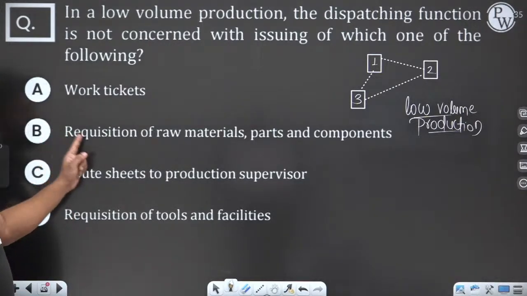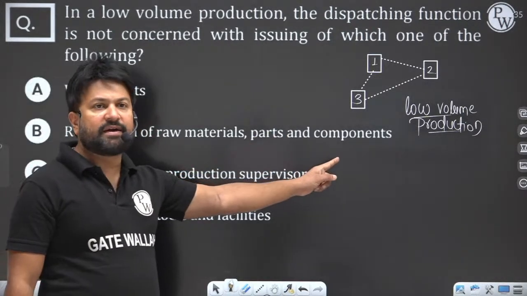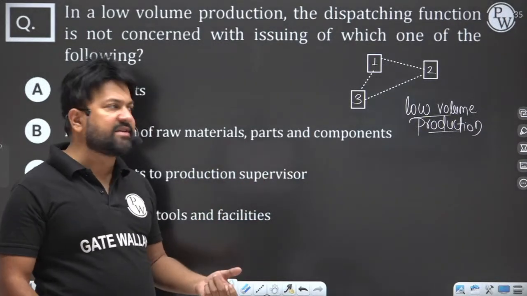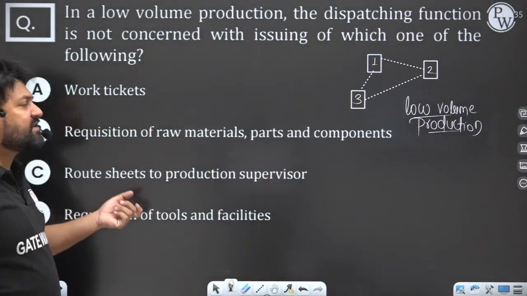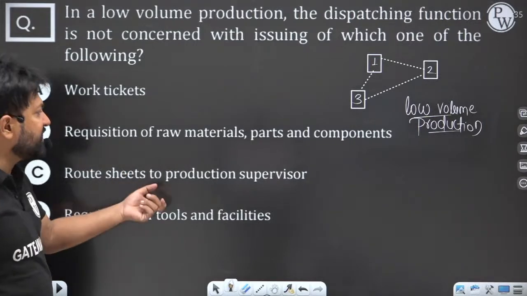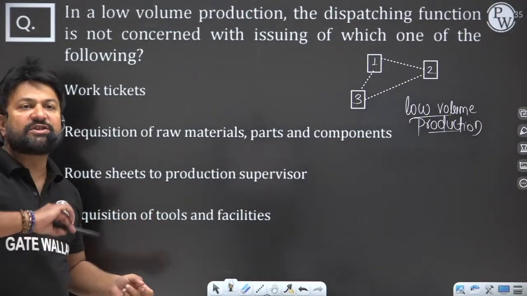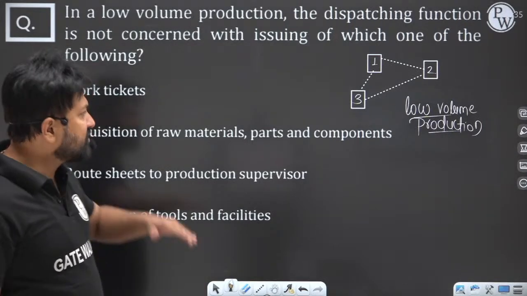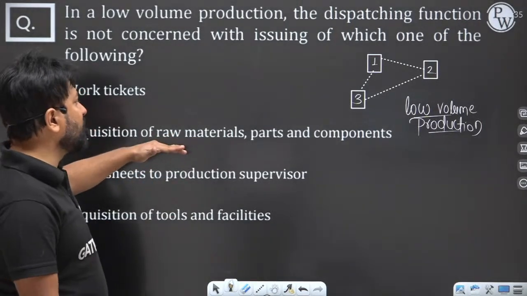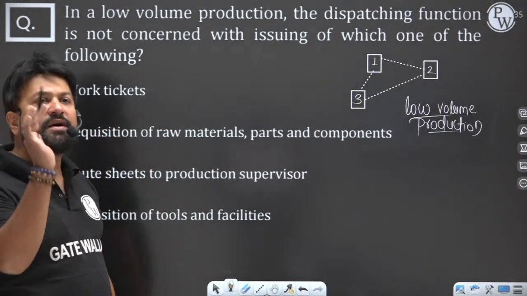So requisition of material, parts and components: requisition means you are requesting, you are giving some authorization for material to transfer from one location to another. This is not required.